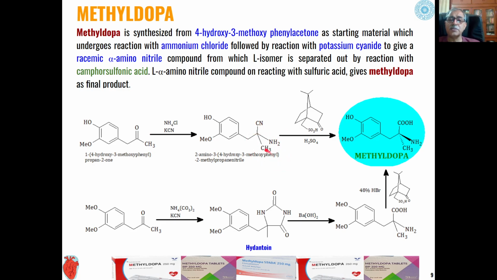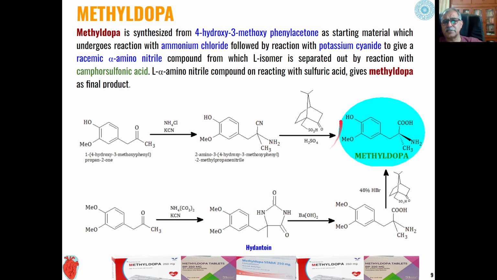So this propanenitrile amine is formed from the reaction of this phenylacetone derivative, and this gives us a racemic mixture of this propanenitrile, which is resolved with this type of sulfonic acid.